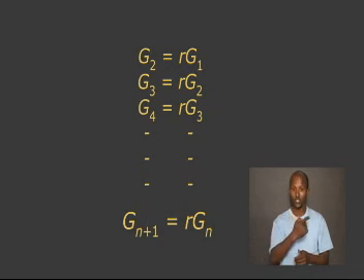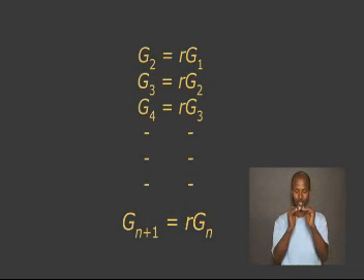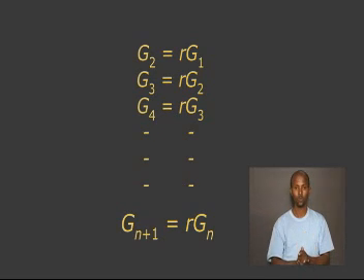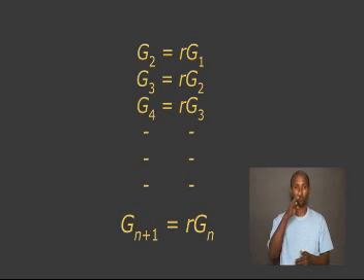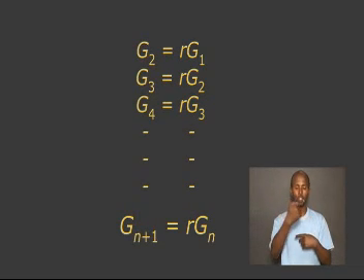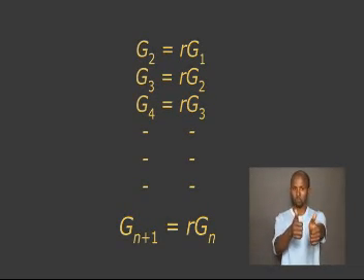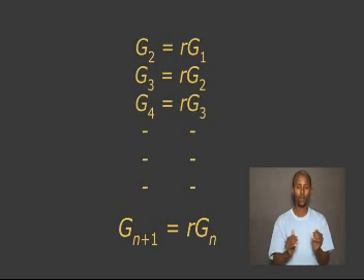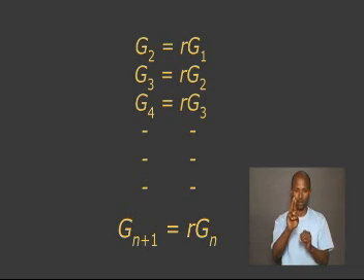G3 equals R times G2. G4 equals R times G3, and so on to Gn plus 1 equals R times Gn.